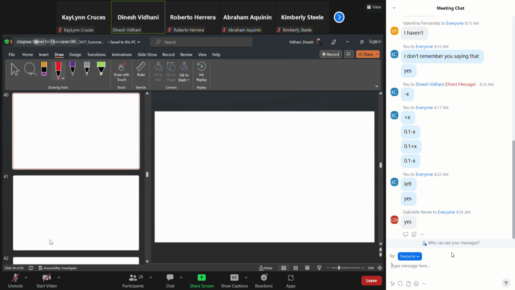Now, if I simply write down that equation, suppose I start with a certain amount of my compound.